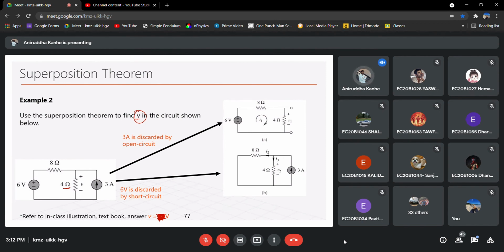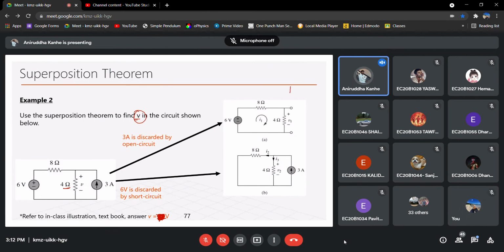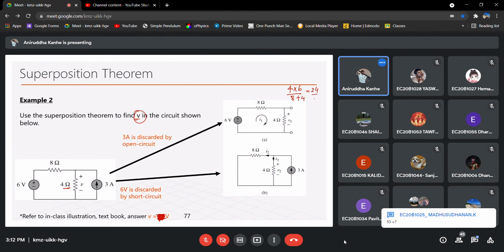I could not hear. Somebody, I think Bomesh, has made some comment. Okay, good. So this can be written as 4 into 6 divided by 8 plus 4. So this comes out to be 24 by 12, which is 2.